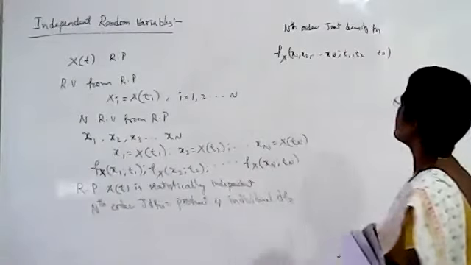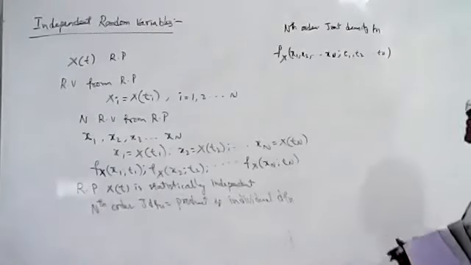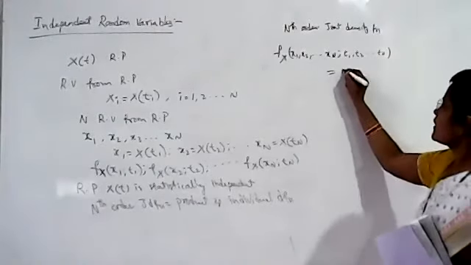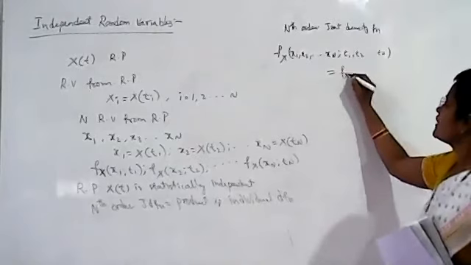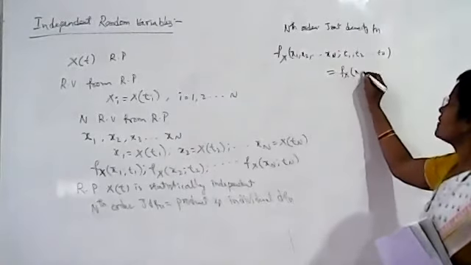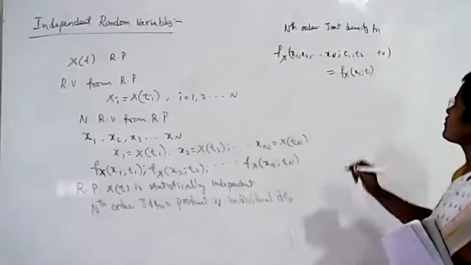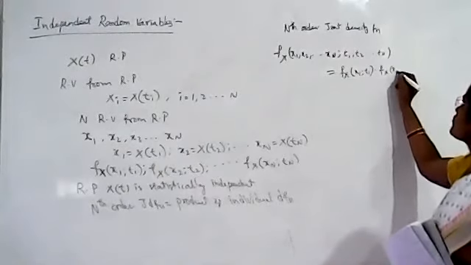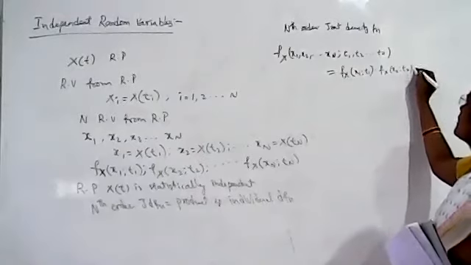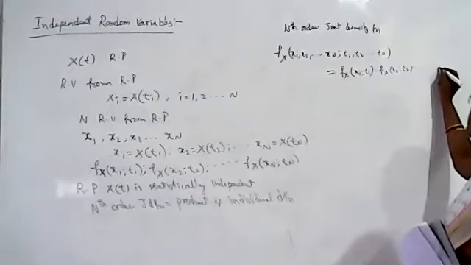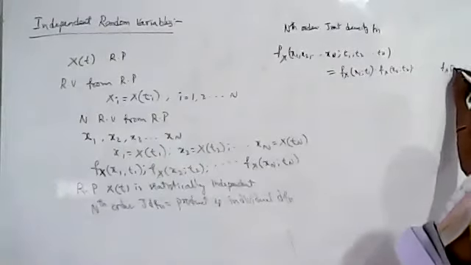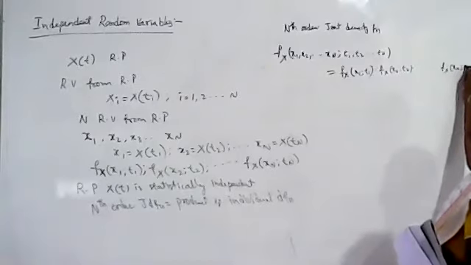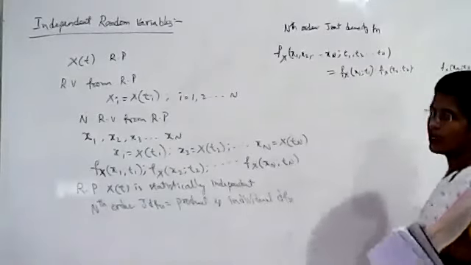It is equal to the product of individual density functions: the density function of X1 into the density function of X2, and so on, continuing into the density function of Xn.